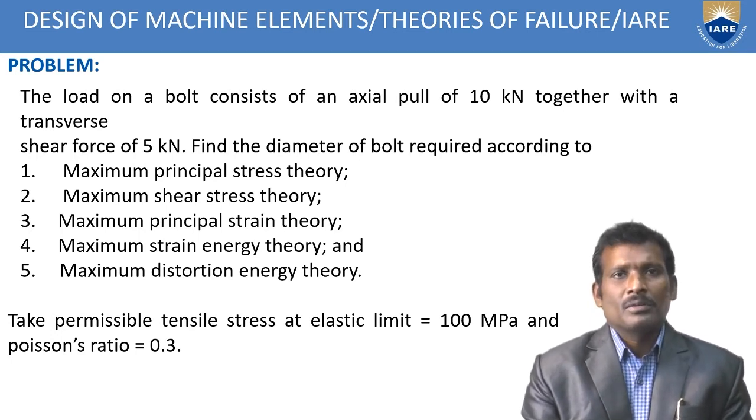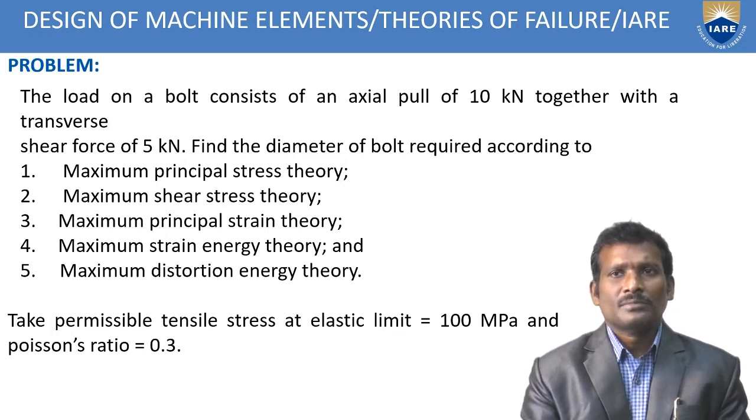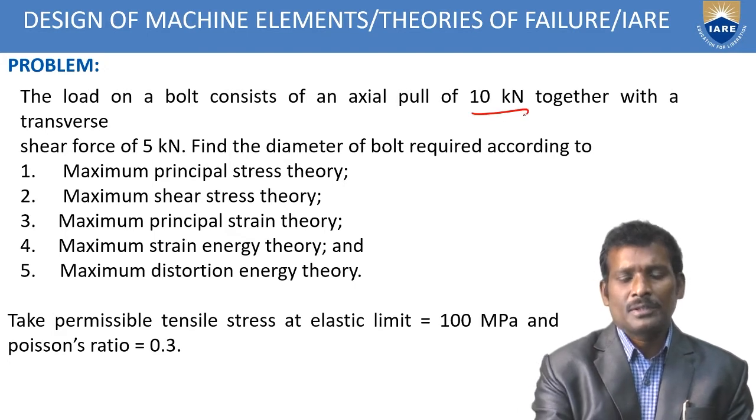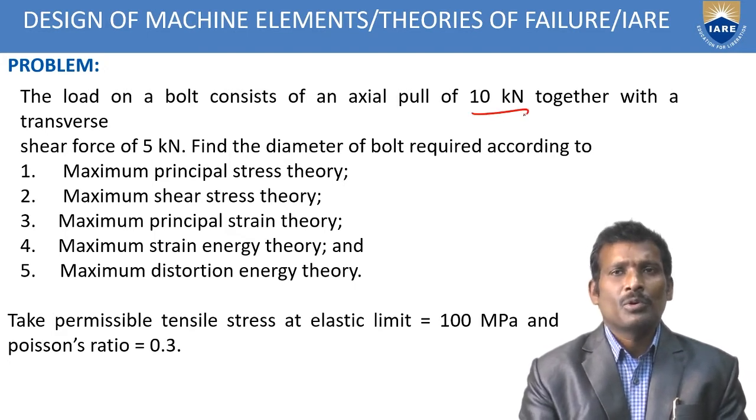In this problem, the given load is an axial pull of 10 kilonewtons, which means a tensile load. The bolt is subjected to an axial pull of 10 kilonewtons together with a transverse shear force of 5 kilonewtons.